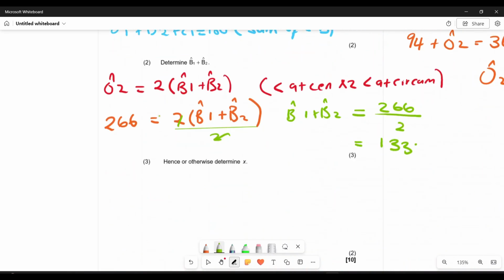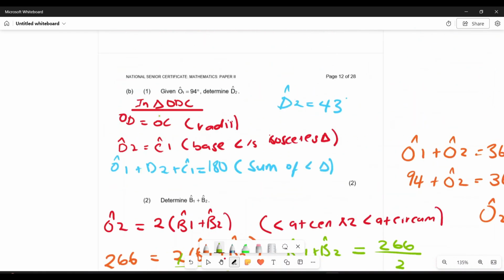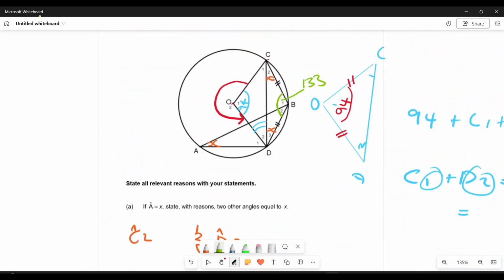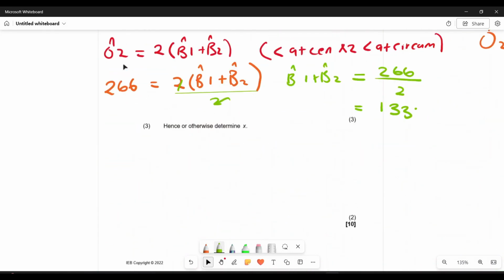Now let me see what the preceding question is saying. Hence or otherwise determine x. Now I want you to note something here, right? I'm going to separate this triangle. Can you see it's an isosceles triangle, CBD? So I'm going to draw it here, triangle CBD.